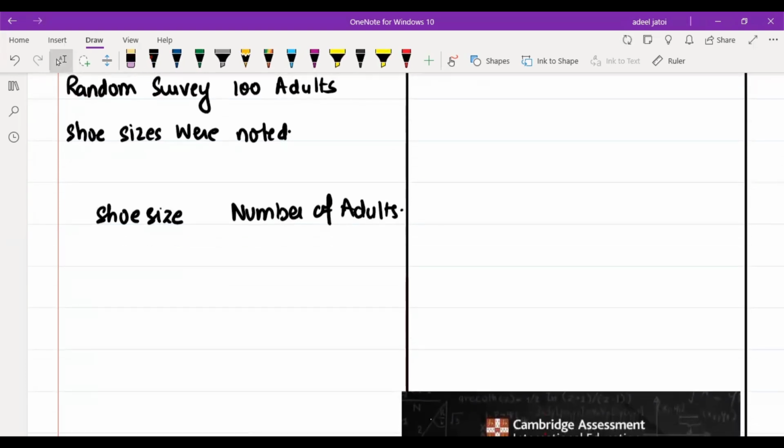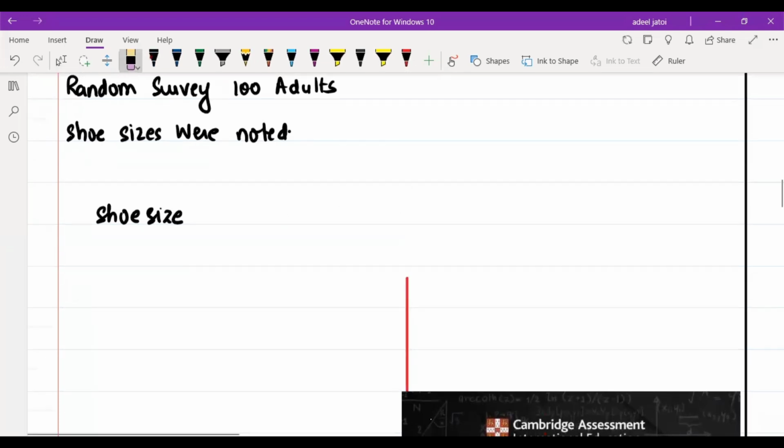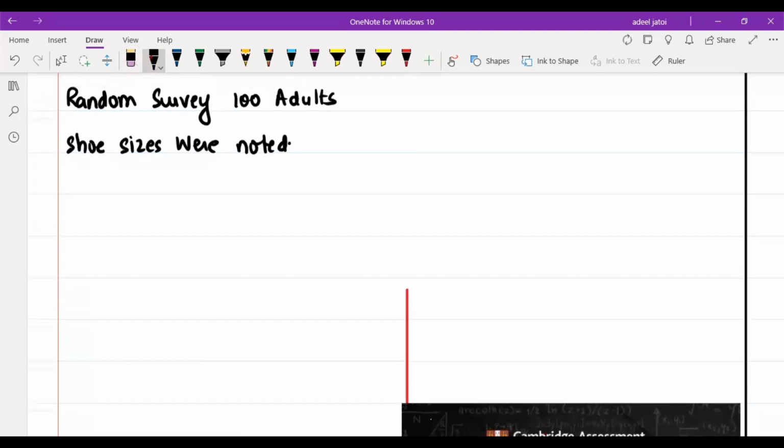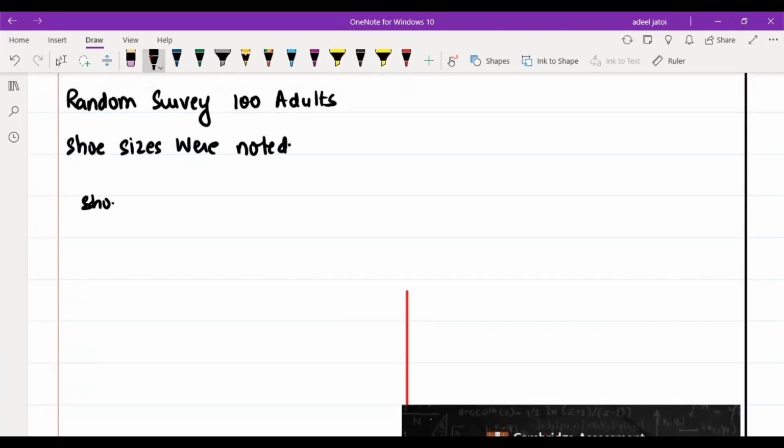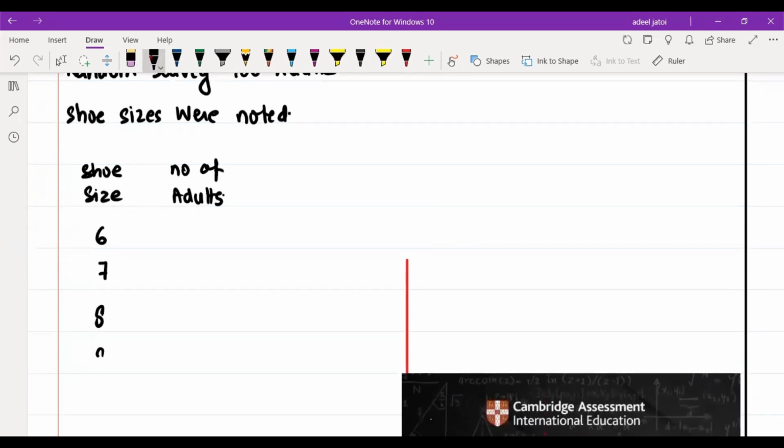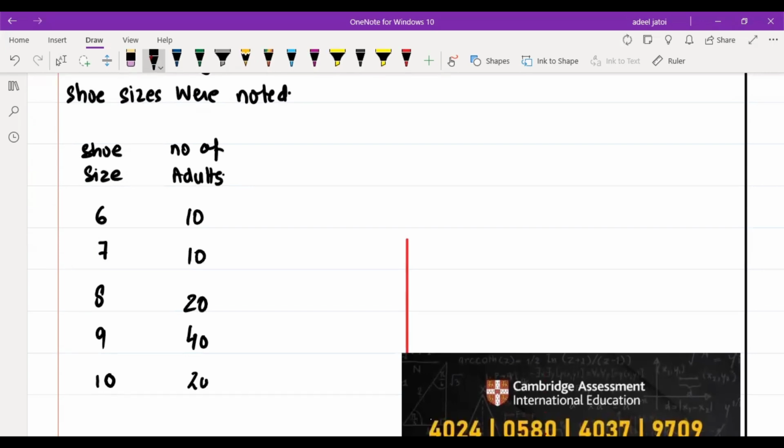Let me just write it down in a shorter space so that we can use it. So I'll have shoe size, and we will have number of adults. Shoe size will be 6, 7, 8, 9, and 10. For number of adults, we can have 10, 10, 20, 40, and 20 again.